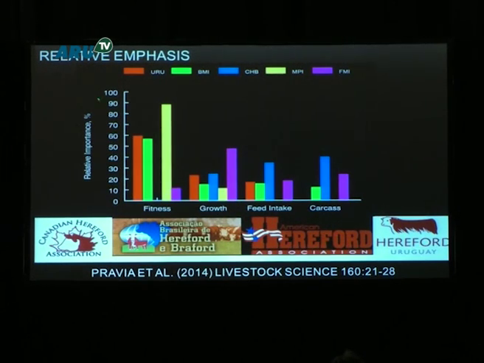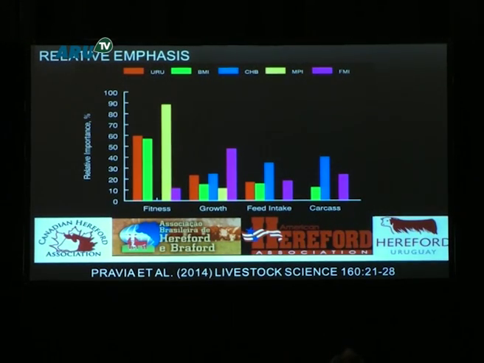A couple of things really stuck out to me when I looked at this. The Uruguayan index and the Baldy maternal index have very similar emphasis for growth, and very similar emphasis for feed intake. The Uruguayan index did not have carcass price discrimination in it, so there's no carcass bar here.